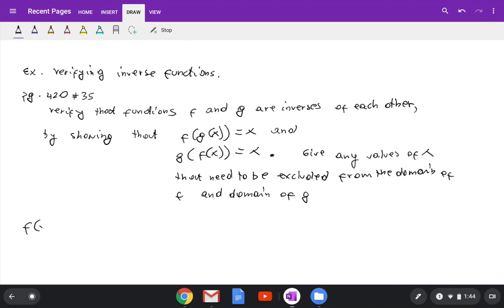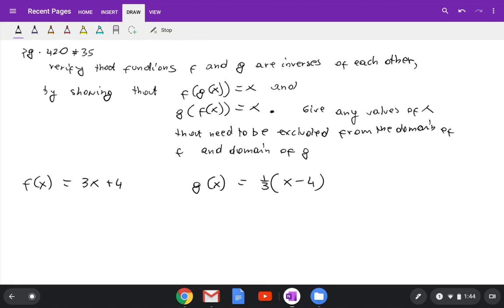Okay, so this is what they give you. They give you the equation function f of x, which is equal to 3x plus 4. This is the equation function g of x, which is equal to 1/3 times x minus 4. First, I'm just going to quickly talk about domains. So function f of x, it's a linear function. So domain of linear function is all real, which means from negative infinity to infinity.